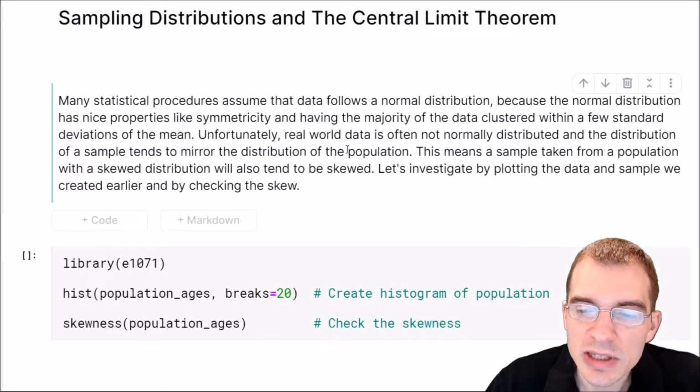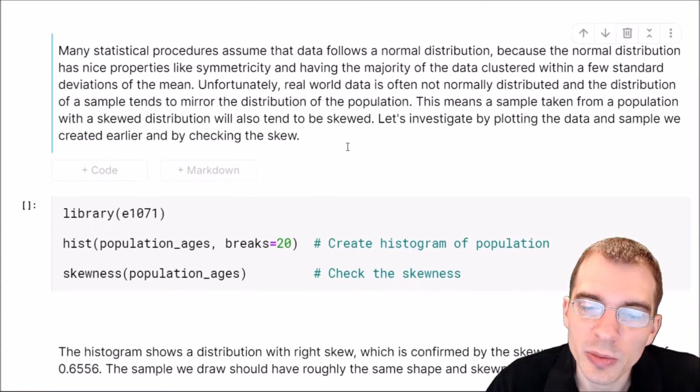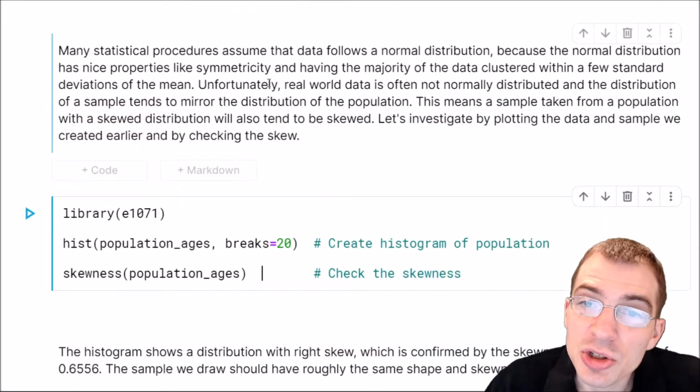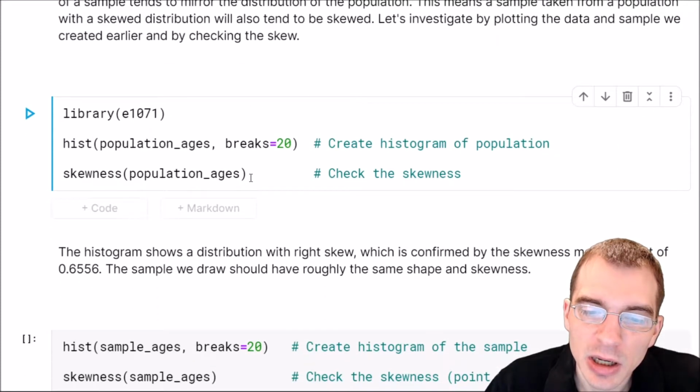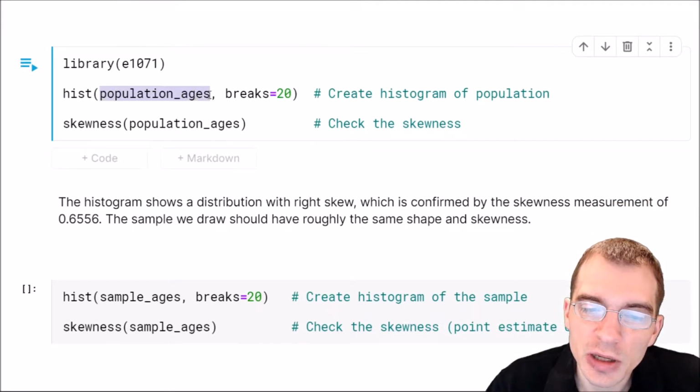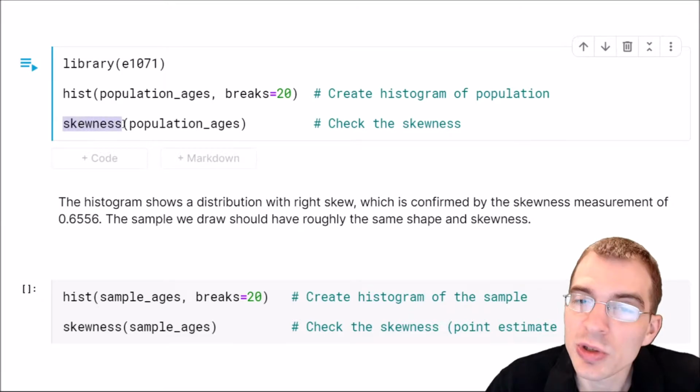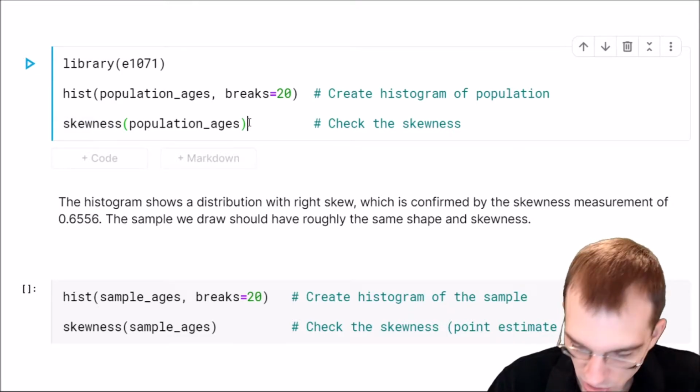We can investigate this by plotting some data that is skewed and then taking a sample from it and checking the skew. So to do that, let's make a histogram of the population age data we made earlier and also run the skewness function on it to check the skewness.